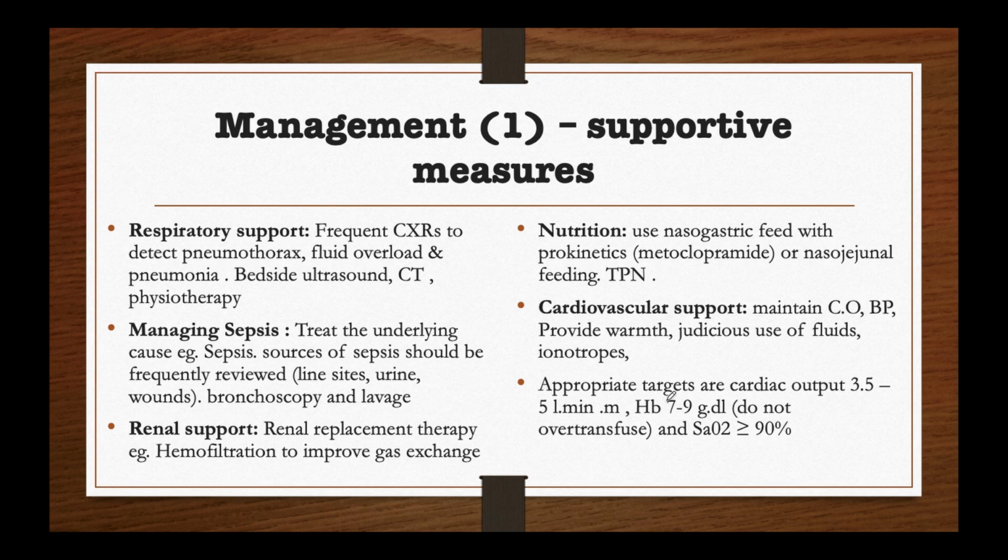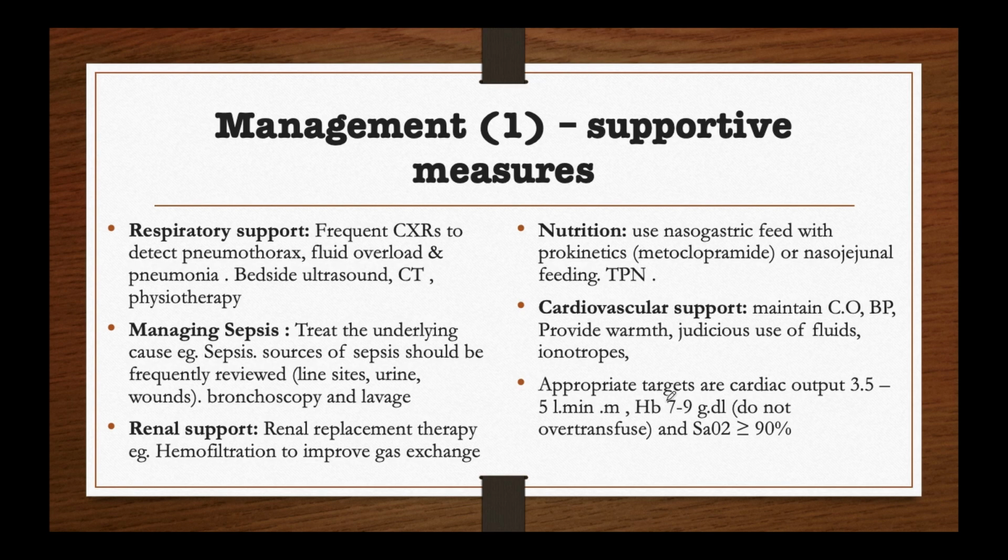We must make sure to have our Hb between 7 and 9 grams per deciliter, and we must make sure that we do not over transfuse these patients, and we must also ensure that we maintain an oxygen saturation of more than 90%.